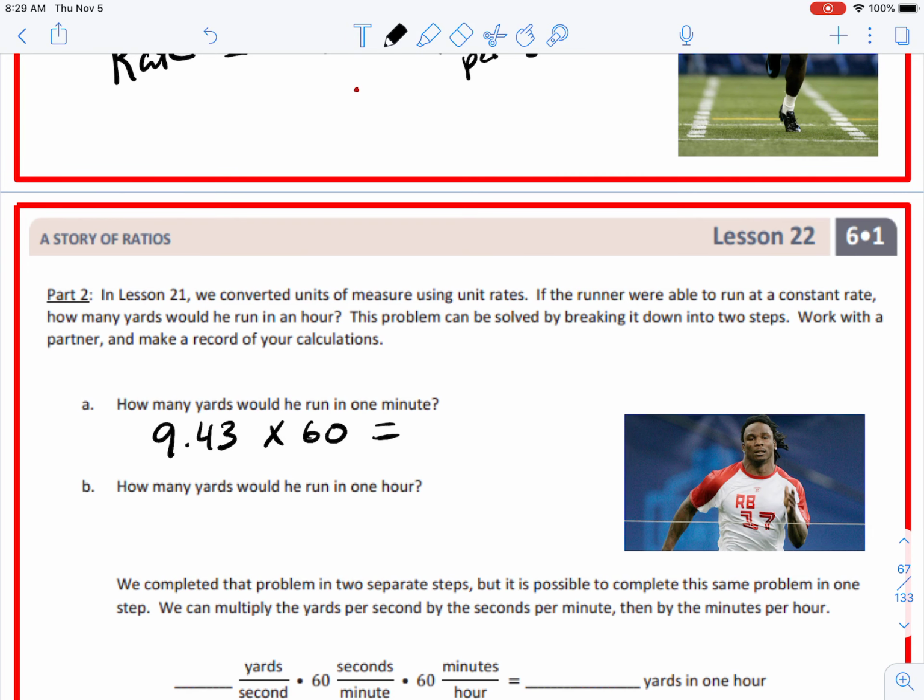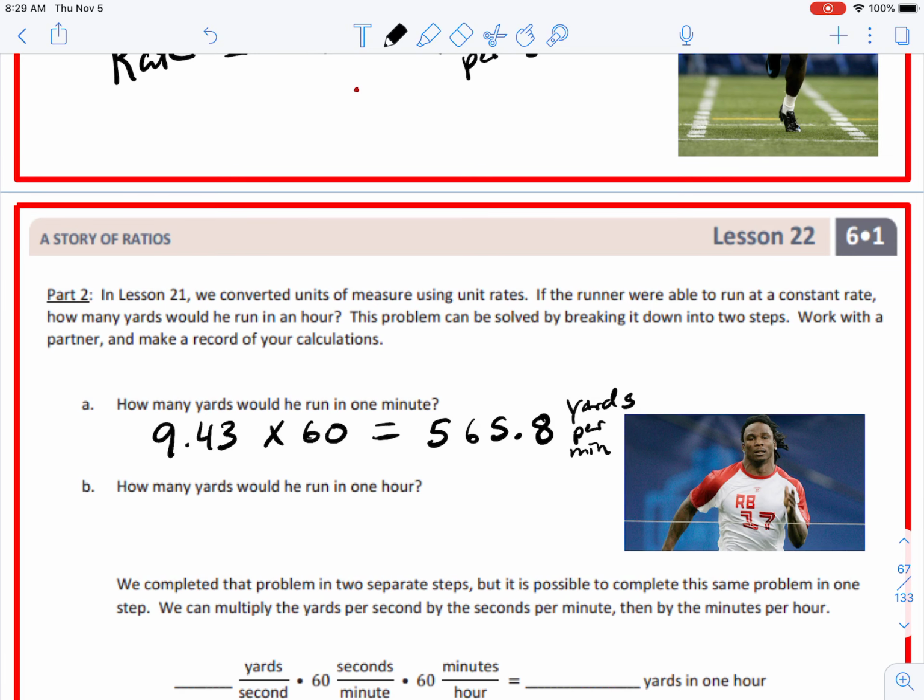Pause the video. You should have paused the video. You should have plugged this into your calculators, and we should have gotten 565.8. That's how many yards he would run per minute.